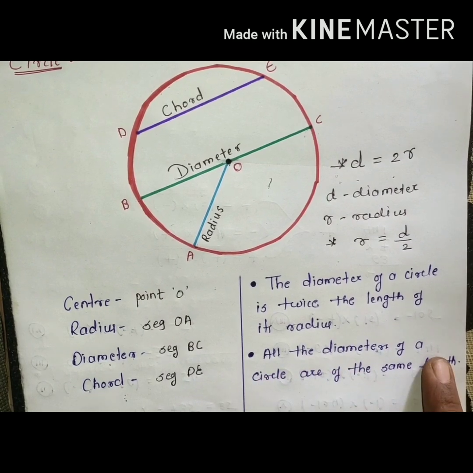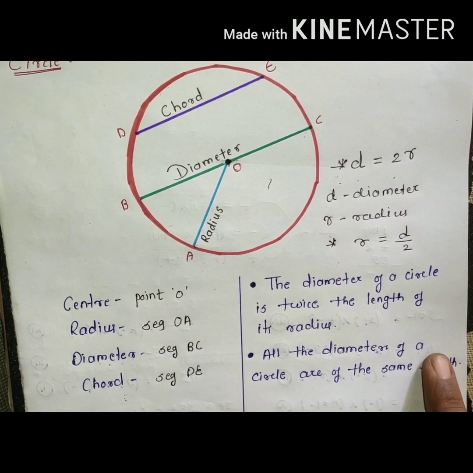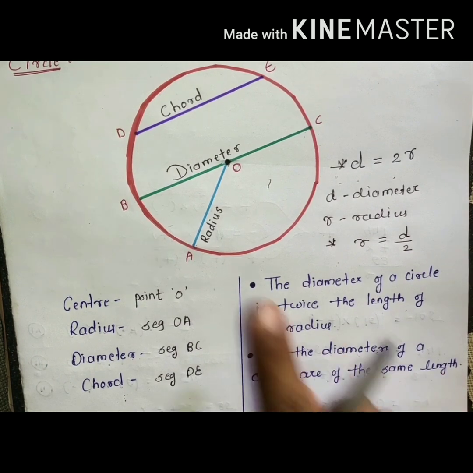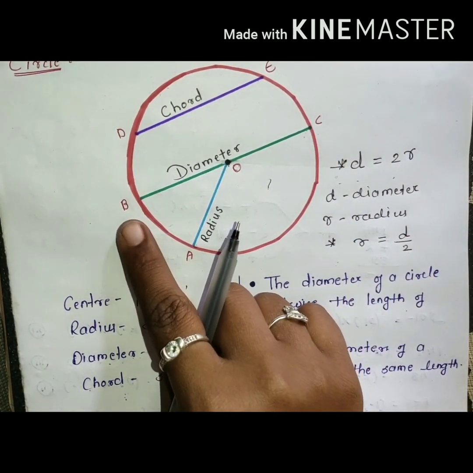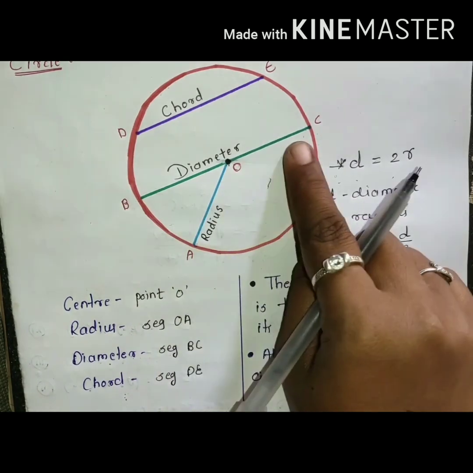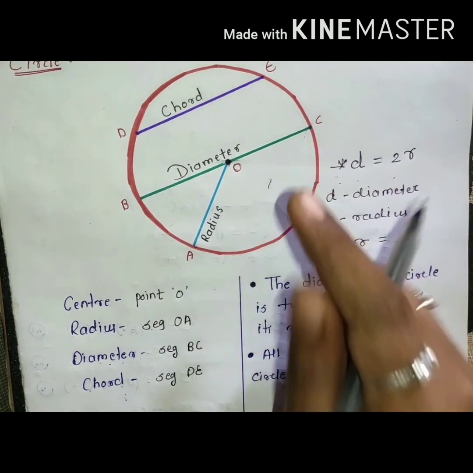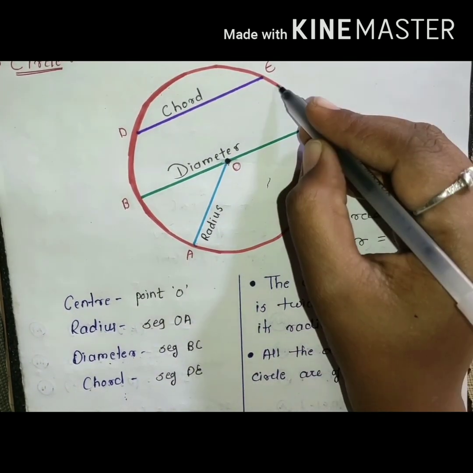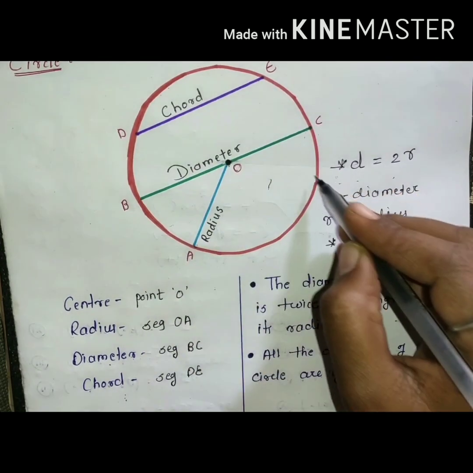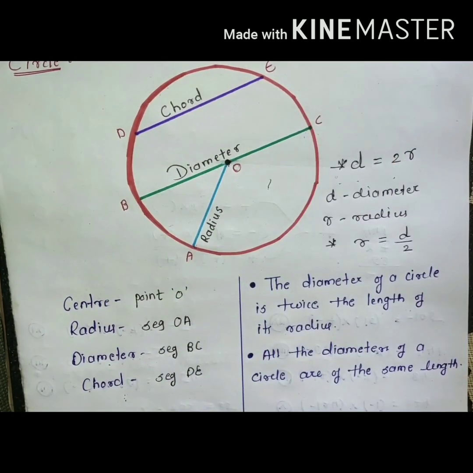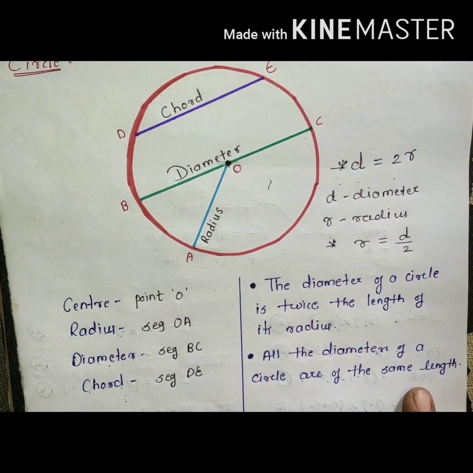Second property: all the diameters of a circle are of the same length. The diameter need not be drawn like this only. We can draw like this, like this, like this also. All the diameters of the circle are of the same length.